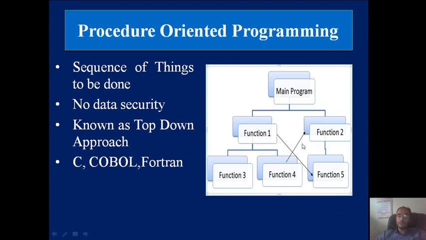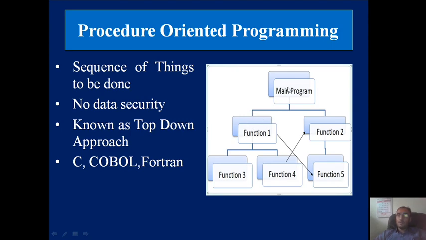As you can see here in the diagram, a larger complex program is subdivided into different modules known as functions to reduce its complexity. This approach is known as procedure oriented programming language, where major focus is given on the procedure rather than the data security.